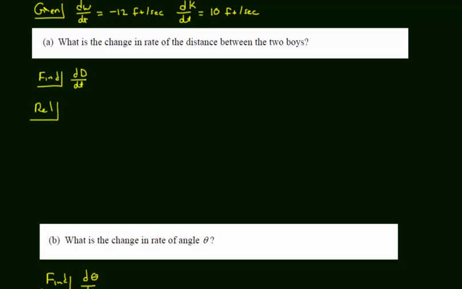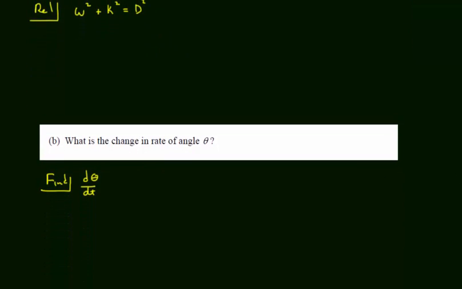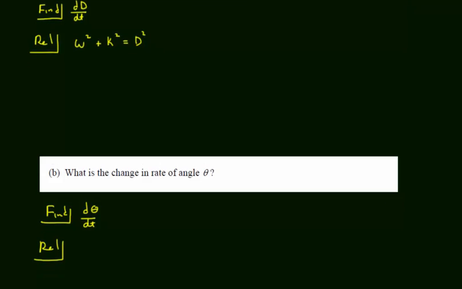For each one of these, let's look at the relationship now. Now it's above, you have it in front of you, but I've got to scroll up there. My relationship that ties together Walter with Kevin with distance is obviously, again, Pythagorean theorem. W squared plus k squared equals d squared. Let's look at the relationship at the bottom. We want to tie together Walter with Kevin with the theta.